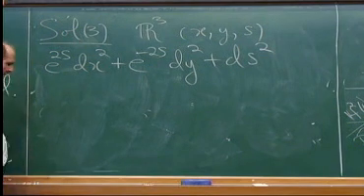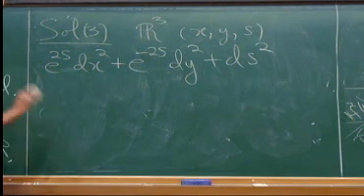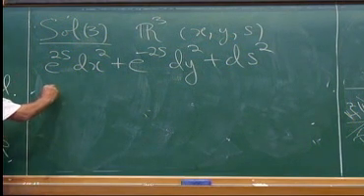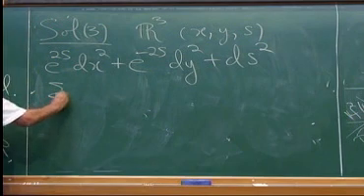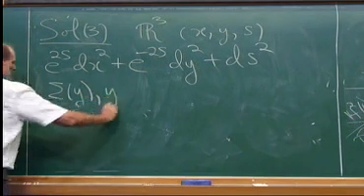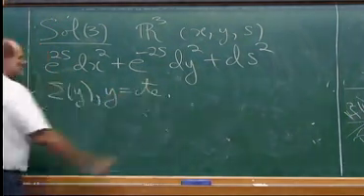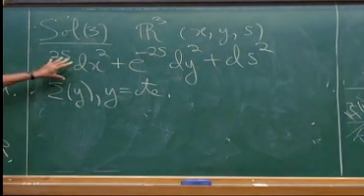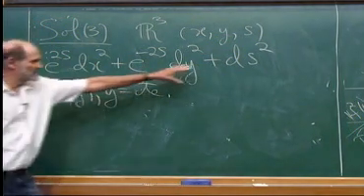And why is this interesting? Let's look at the surfaces y equals constant, sigma y equals constant. What is that? That's e to the 2s dx squared plus ds squared.